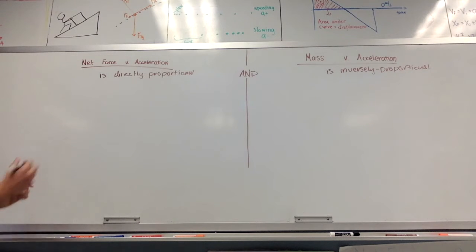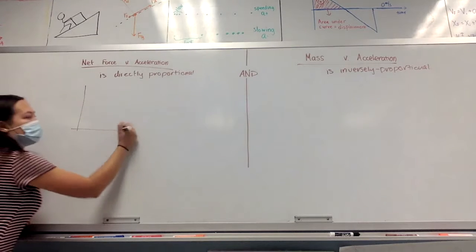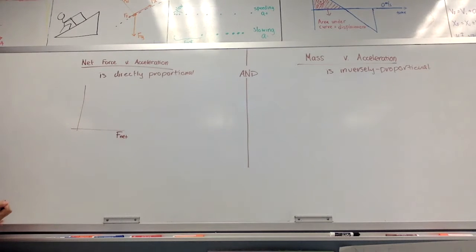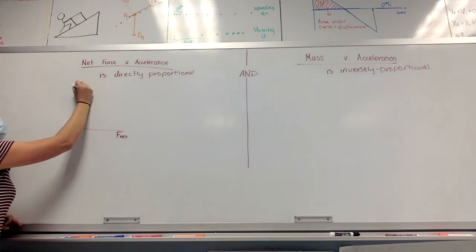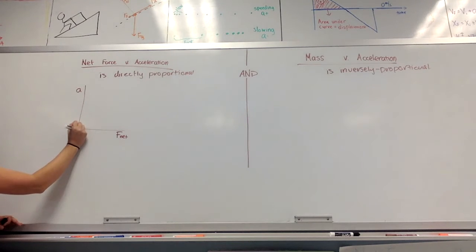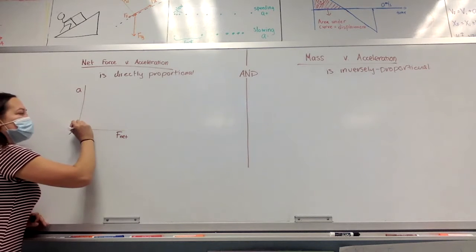Like you probably knew that if you apply more net force, if your forces are even more unbalanced, that makes your object accelerate faster. You already knew that if there's no net force, then there's no acceleration.